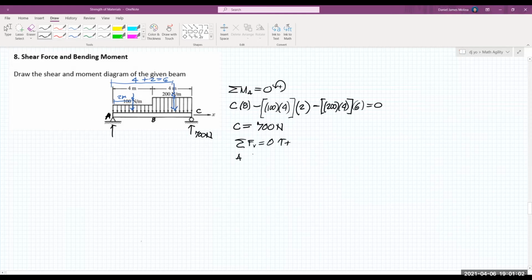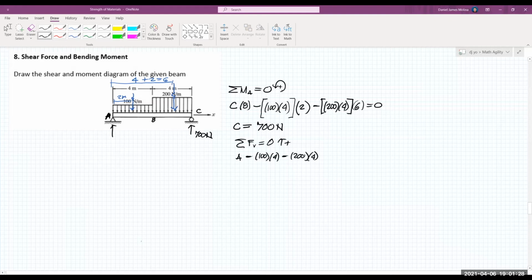So we have the reaction at A minus 100 times 4 minus 200 times 4, since the two loads are going downwards.